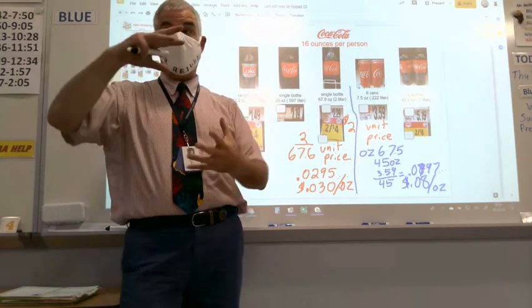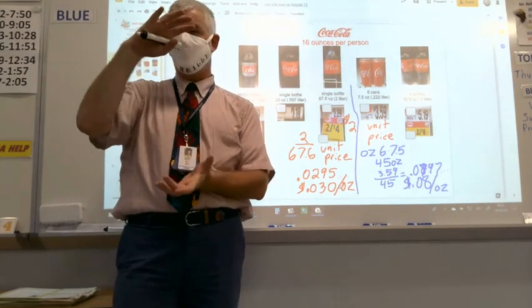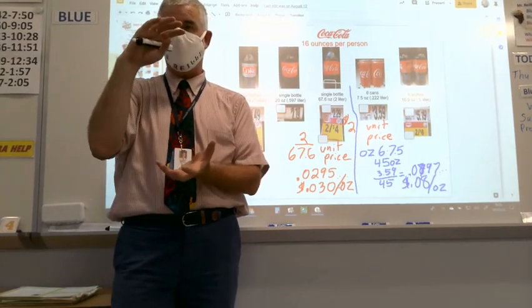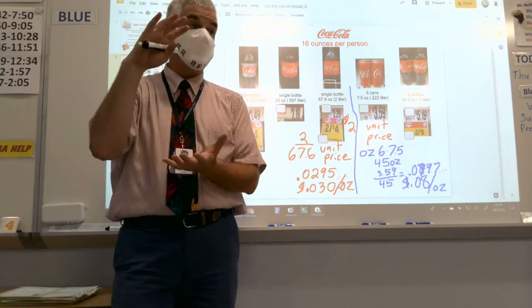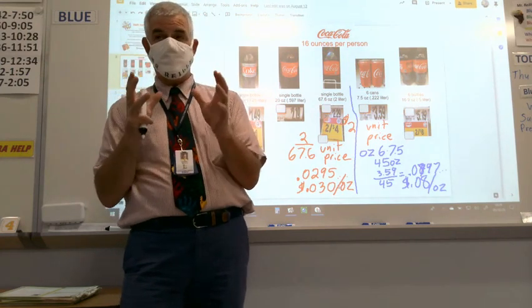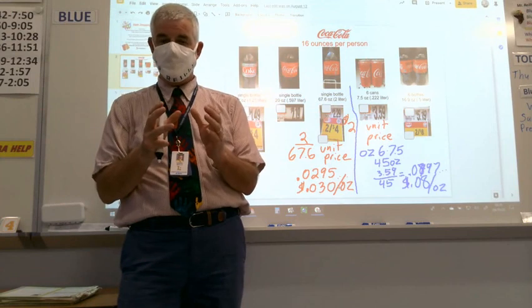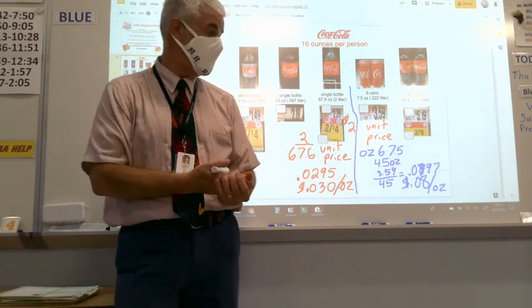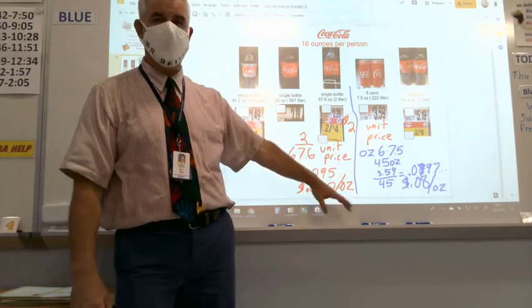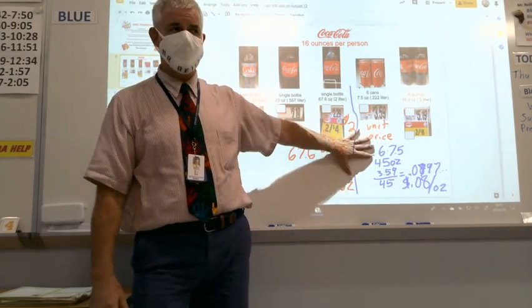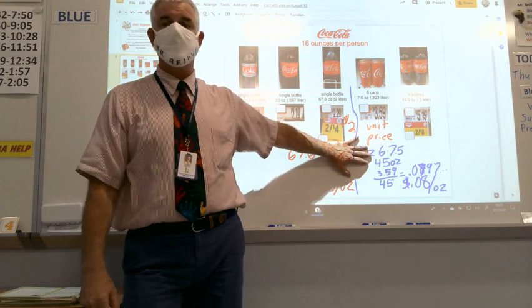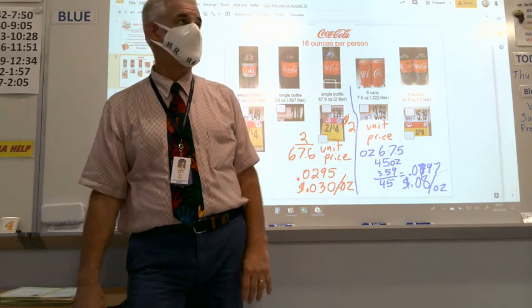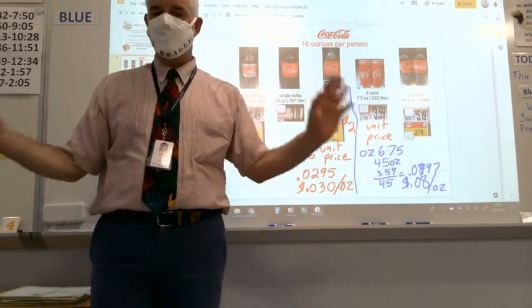The 2-liter bottle is almost always going to be your cheapest way to buy Coke, or any drink. Typically, the bigger the container, the cheaper it is per ounce, okay? So this is that comparison of unit prices. It's a little bit challenging, but that's the kind of work we were doing in that last lesson, okay? All right, so I'm going to stop there.